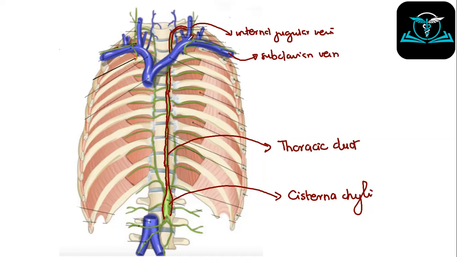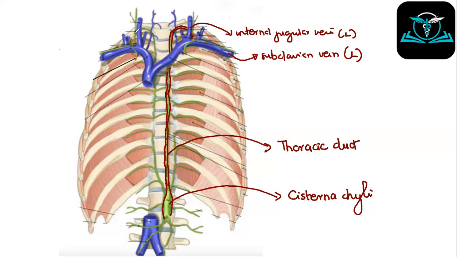And so they will join to form the left brachiocephalic vein. So the thoracic duct would eventually drain into the angle of the left brachiocephalic vein. So this is the point that the lymph will eventually be sent into circulation. Okay, and so that's the thoracic duct.